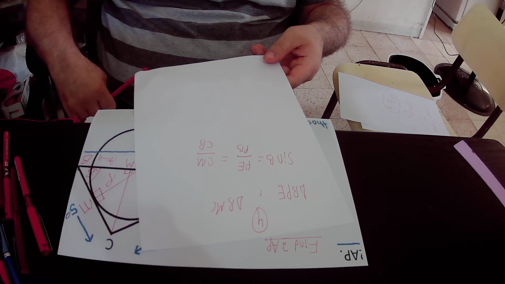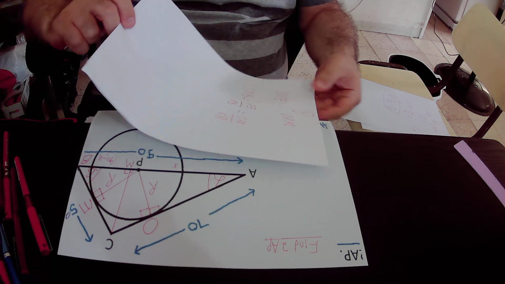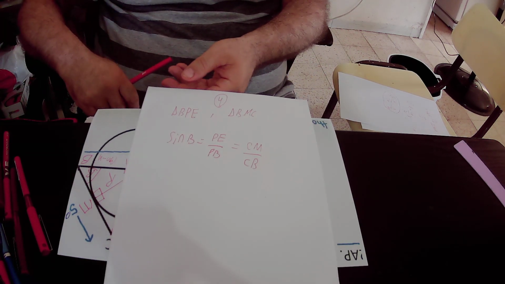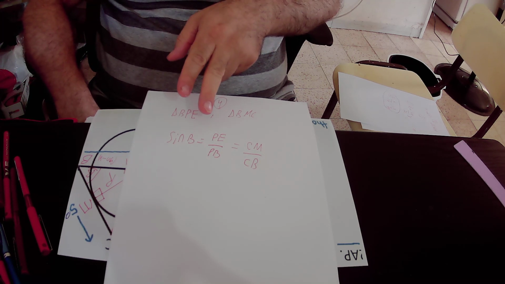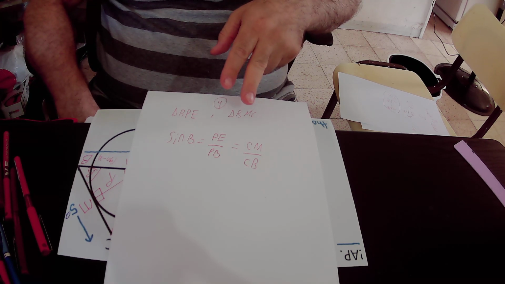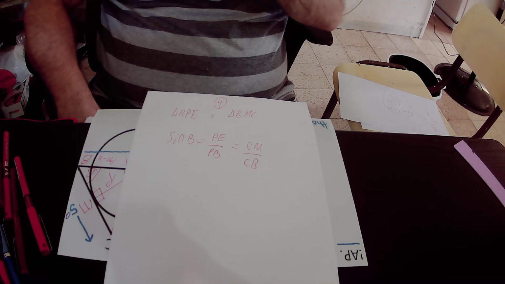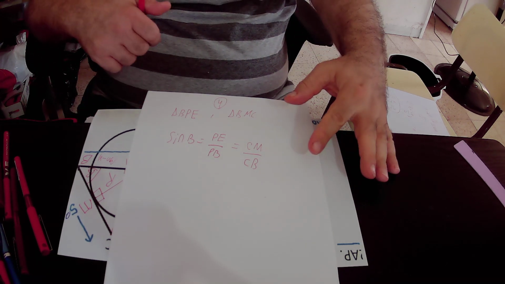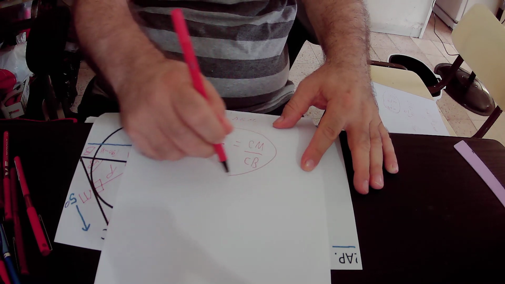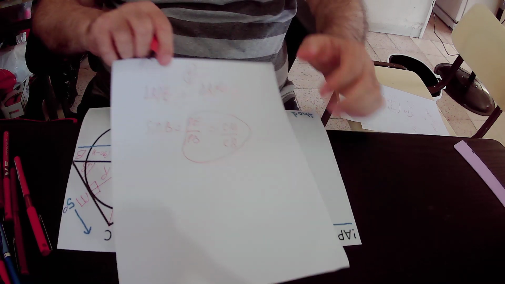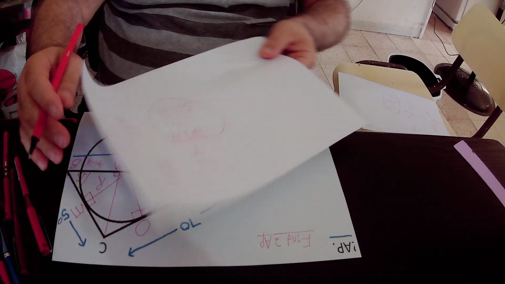Okay, so in total we have the equation that sine beta equals PE over PB, that also equals CM over CB. So we will write down this equality, and that will be our second equation.